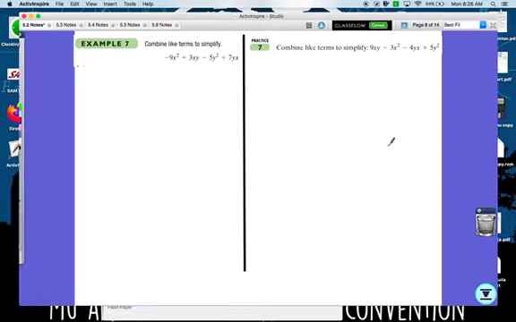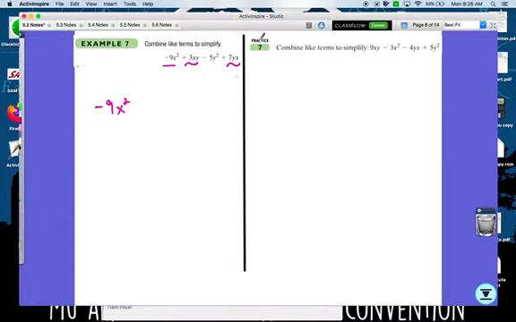All right, a little bit more work with that. Let's look through here. I like to go term by term. Negative 9x squared. There are no other x squared terms, so I'll just write it down. All right, we have a 3xy. We also have a 7yx.